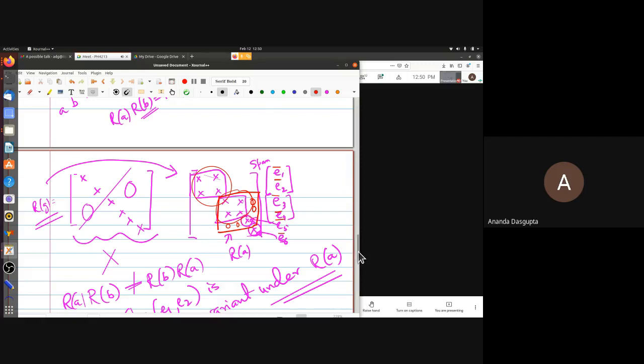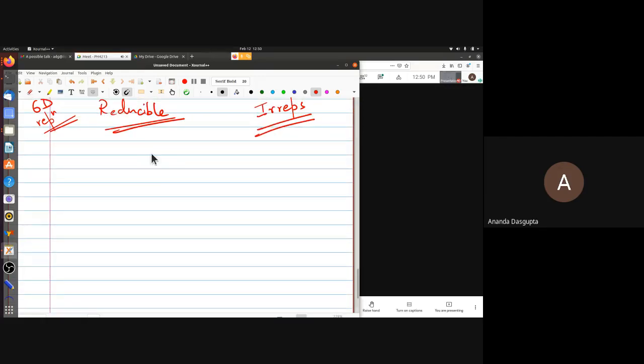Let me just give you a small example. Let's say in some particular situation, you have this. This is what a particular linear transformation does to E1, E2, some two-dimensional vector space on which E1, E2 is acting. And so what you will get is a matrix which looks like this, nice and diagonal.